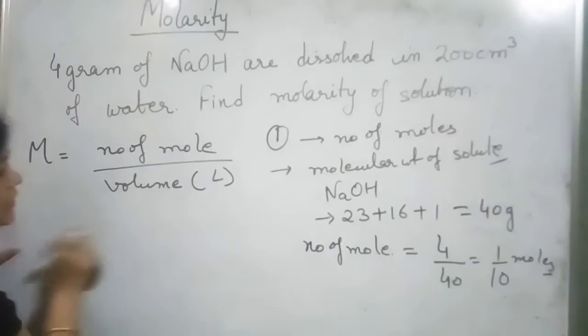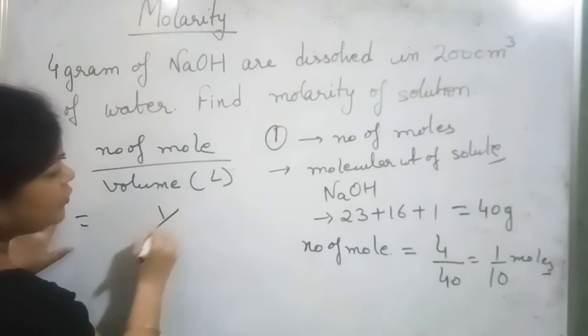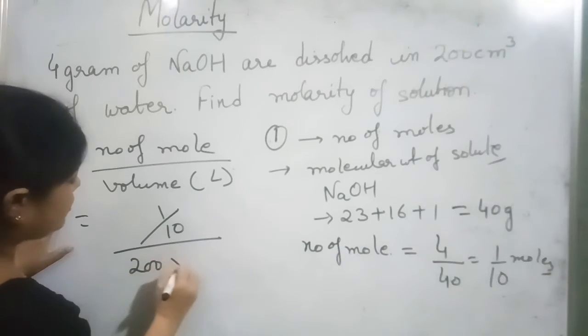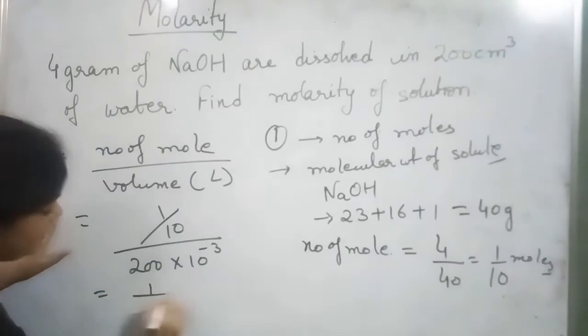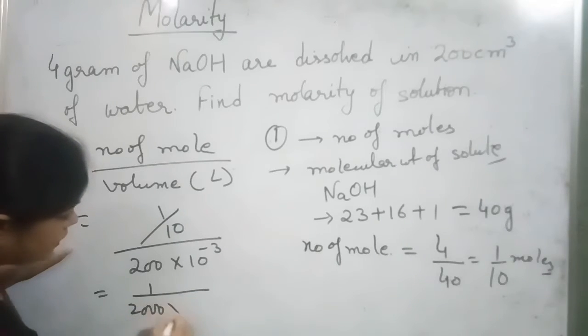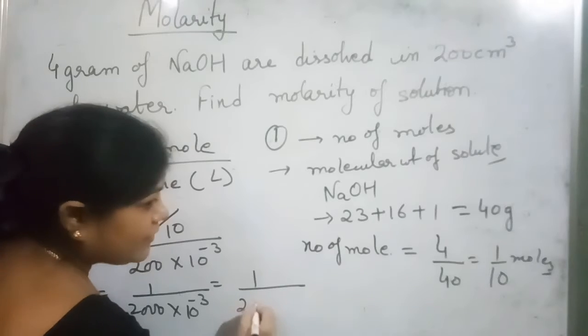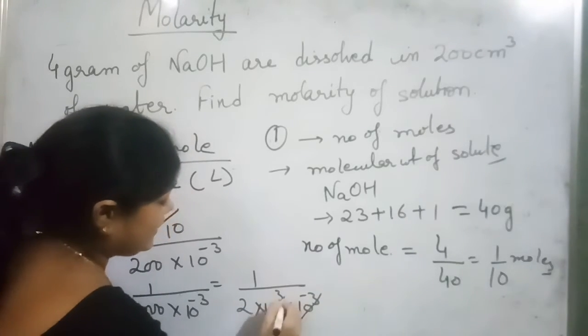So substitute all the values. In place of number of moles we write 1 by 10, and volume is 200 into 10 to the power minus 3. So ultimately it becomes 1 over 2000 into 10 to the power minus 3. So we get 2 into 10 to the power 3 into 10 to the power minus 3. It gets cancelled.